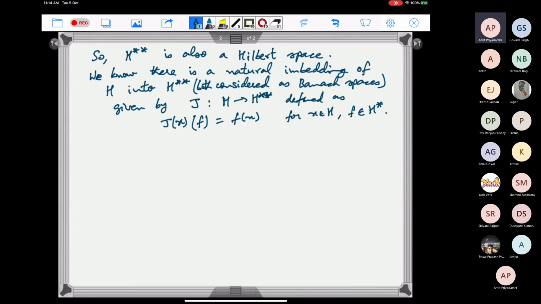Right, so this defines a linear map from H to H double star, and also we know that this is an isometry. So J is linear and norm of Jx is the same as norm of x for all x in H.